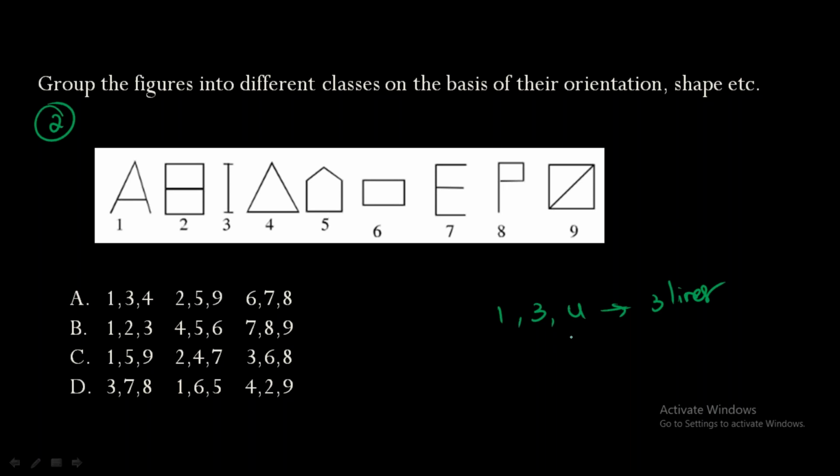Yeah, and 6, 7, 2, 1, 2, 3, 4, 5: 2 requires 5 lines, 9 requires 5 lines. These all require 5 lines. What is left is 6, 7, 8, which require 4 lines actually. So option A is correct. 1, 3, 4, 2, 5, 9, 6, 7, 8.